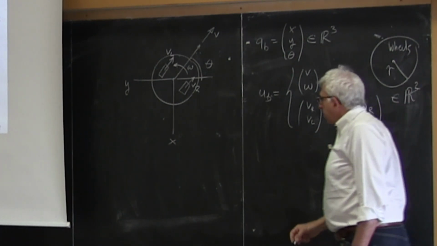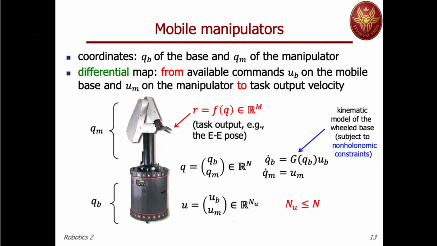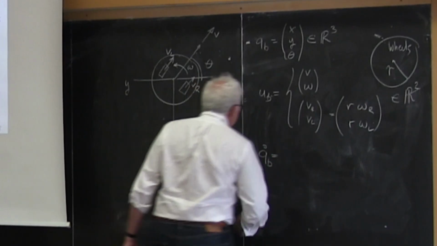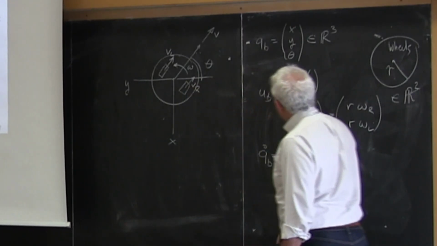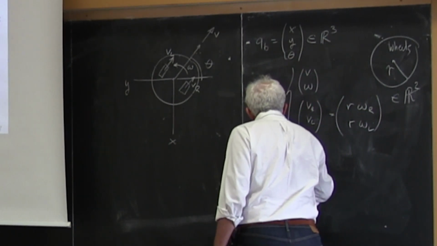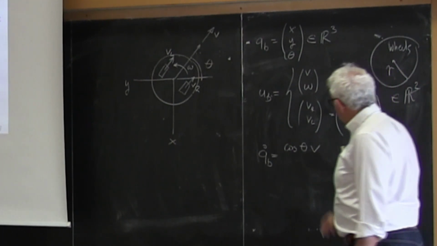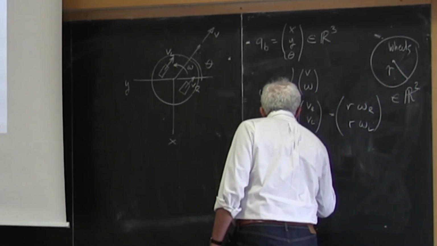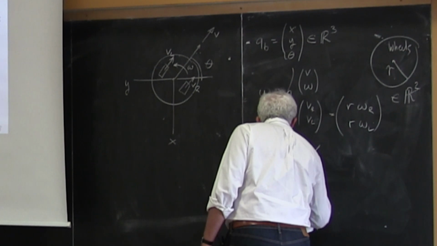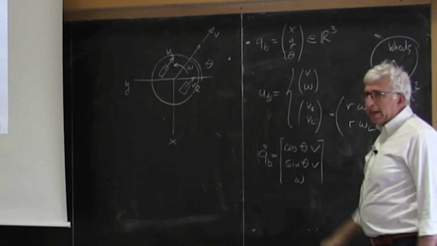And now we can write the expression for the kinematic model, qb dot. The motion of the x coordinate will be cosine of theta times v, the linear velocity. Of the y coordinate will be sine of theta times v, and the variation of theta, so theta dot, is directly omega.